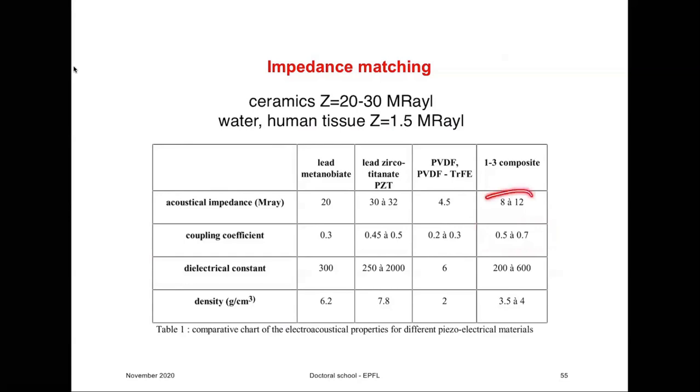So even though impedance is not as well matched to that of human tissue, the coupling coefficient is very large, and that compensates. And also what is important, as you will see later, is the dielectric permittivity, which depending on the transducer should be either large or small. And you also see that the density of composites is closer to that of water, which is 1, than that of ceramics. So these composites really work very well.